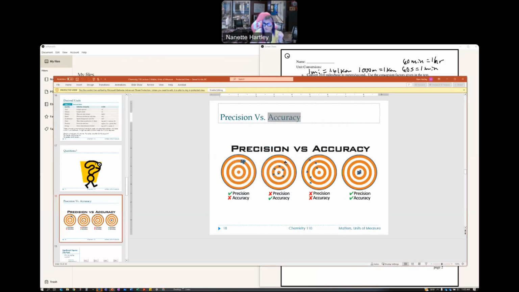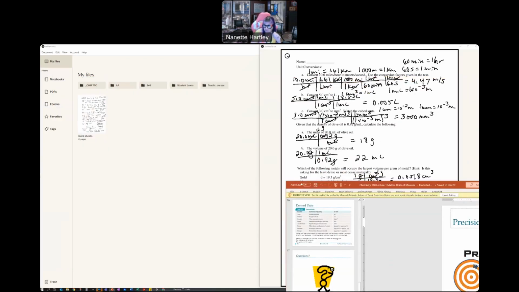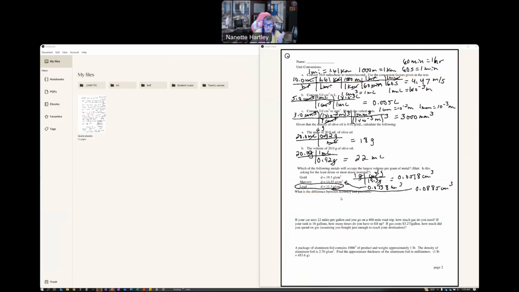This is the lovely diagram that I referred to when we talked about this in class. So accuracy versus precision. Precision implies that we're getting the same number every time we measure it. Accuracy implies that we're getting the actual value that we're supposed to be getting. So accurate means actual value, and precision means they're close to each other.